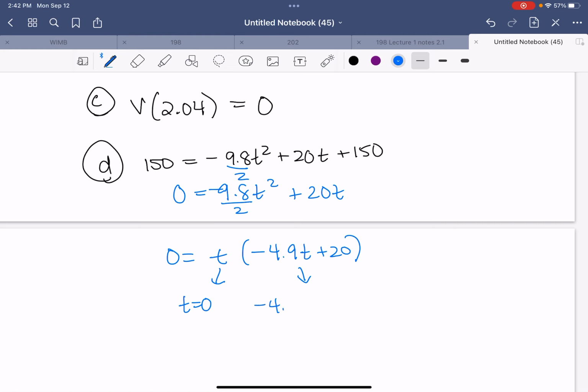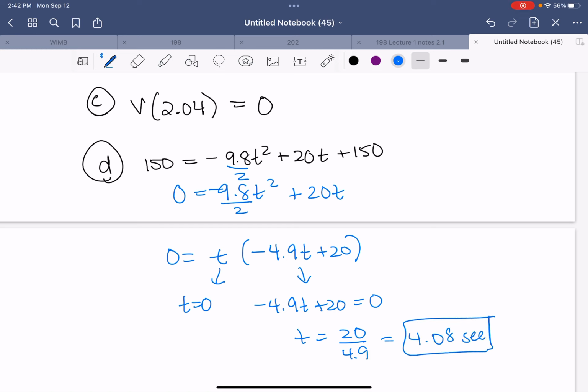So if I set negative 4.9t plus 20 equal to 0, that means I get 20 over 4.9, so 4.08 seconds. And it's not a coincidence that that is double the time to the maximum height.